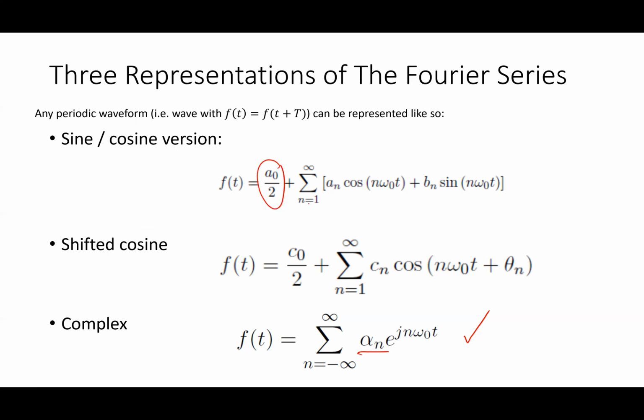The other thing that'll probably mess you up is the summation. This one is a summation that runs from n equal 1 to infinity. So how's that different than the complex version down there? How are they different?